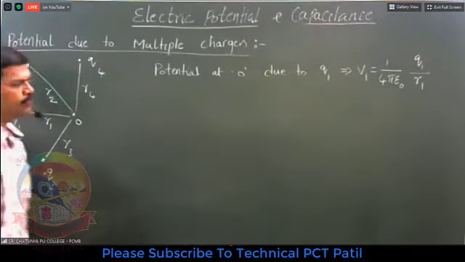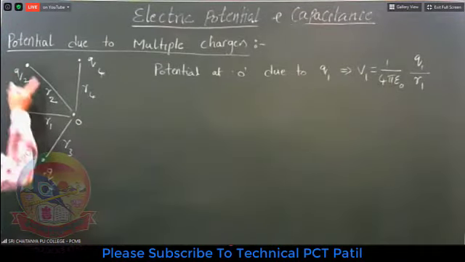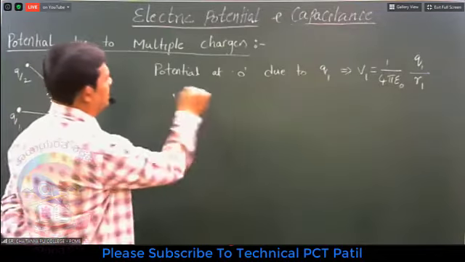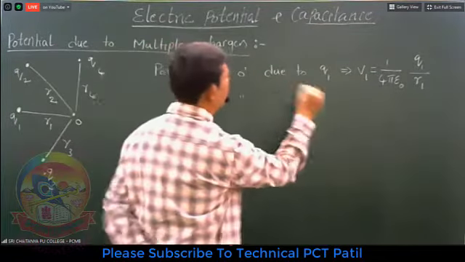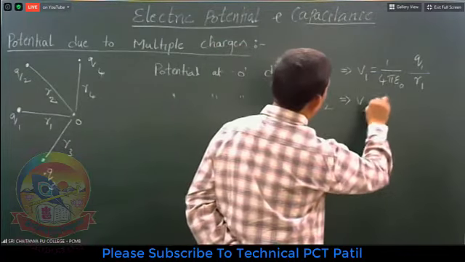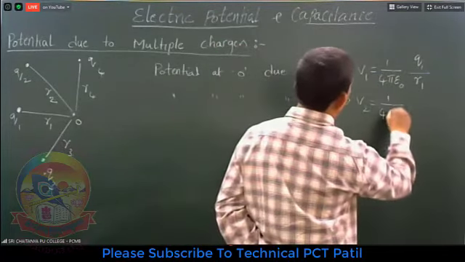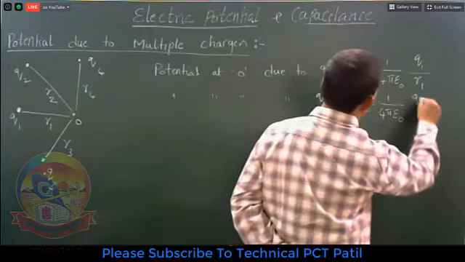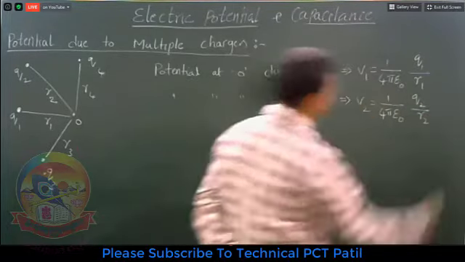Then what is the potential due to Q2 at distance R2? V2 is 1 by 4 pi epsilon naught Q2 by R2.